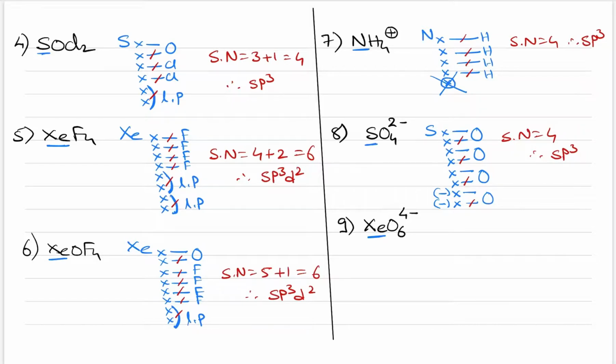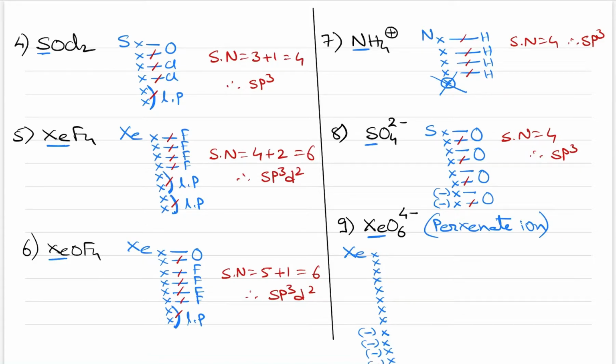Then the last example, xenon is the central atom. Take xenon. This is called the perxenate ion. Xenon has 8 valence electrons: 2, 3, 4, 5, 6, 7, 8. Then 4 negative charges are there, so add 4 more electrons: 2, 3, 4. These 4 extra electrons are because of the negative charge.